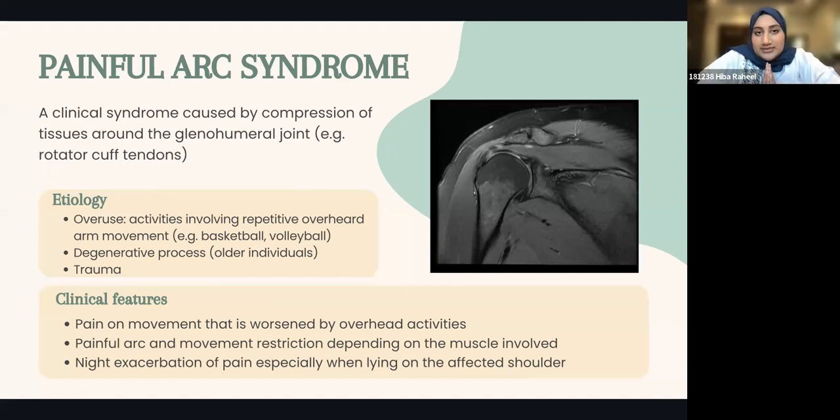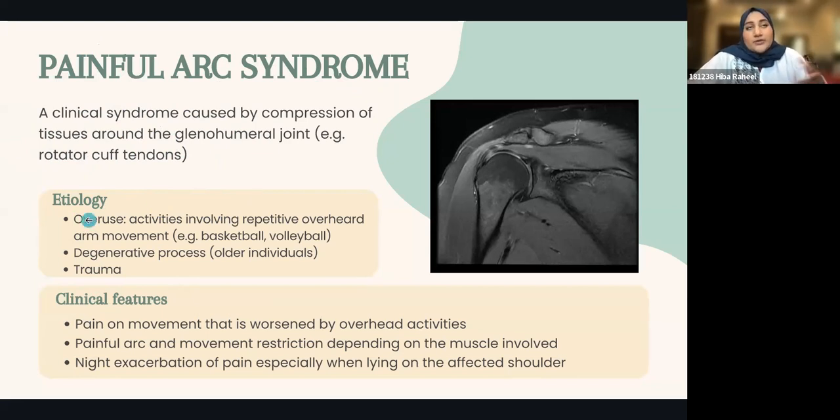And in this case, this phenomenon is called the painful arc syndrome. The one that is mentioned in your lecture is the supraspinatus tendonitis, the tendon of the supraspinatus muscle, right? As you know, it's part of the rotator cuff. So anything that damages the rotator cuff tendons leads to the painful arc syndrome.